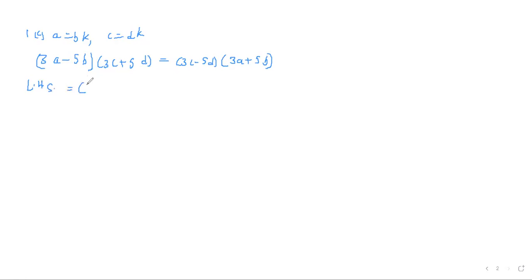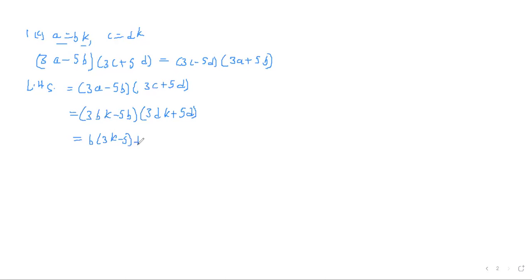So LHS: 3A minus 5B into 3C plus 5D equals to, in place of A we use BK. So it is 3BK minus 5B into 3C is 3DK plus 5D.